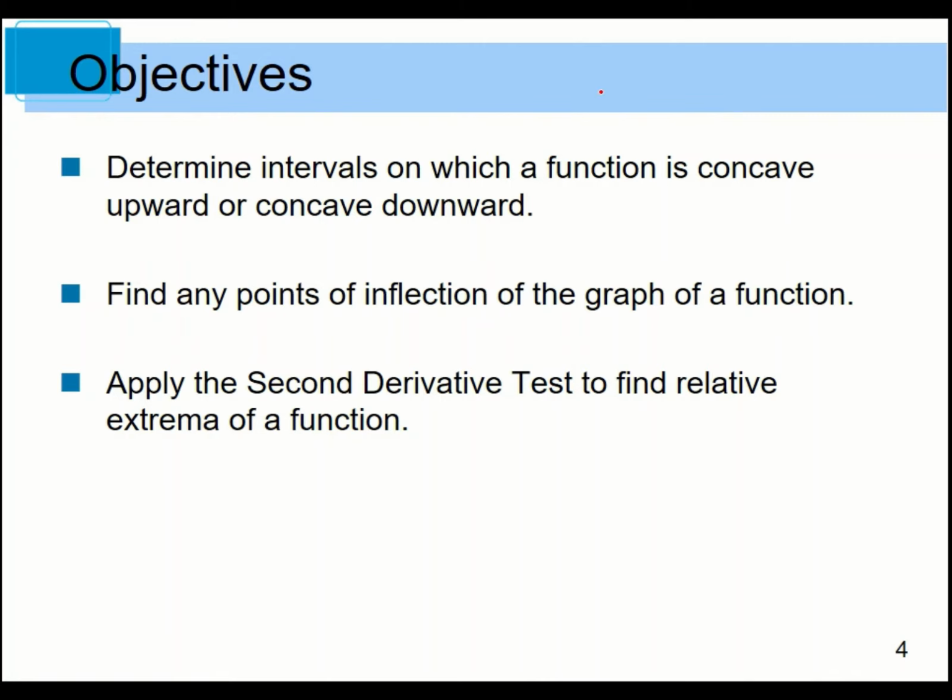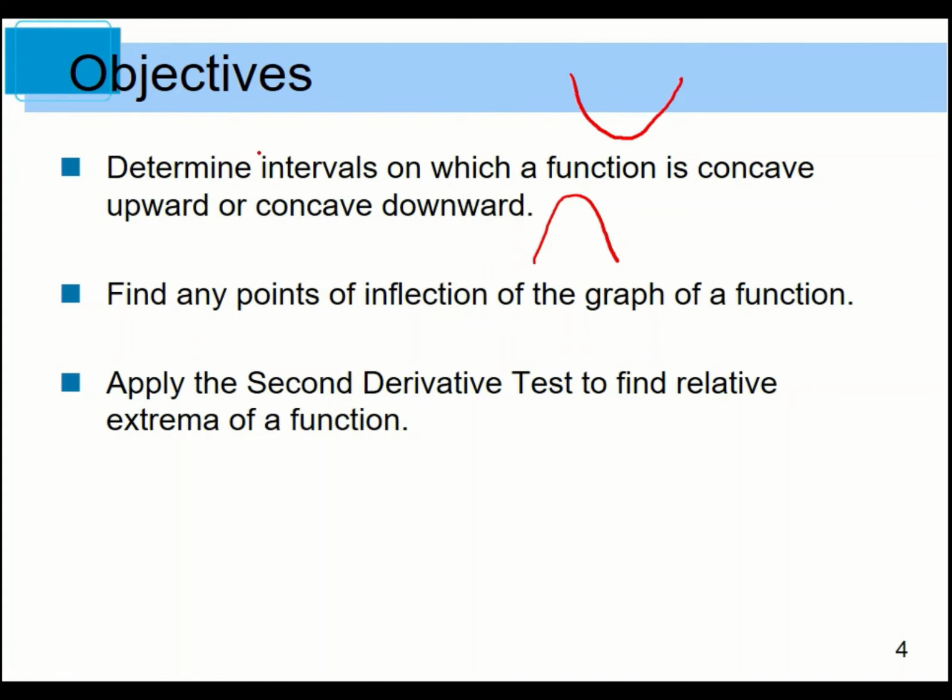It means that the shape of the graph is like this. When the graph is like this, we call it concave upward. If the graph is in this shape, going from increasing to decreasing, we call this concave downward.